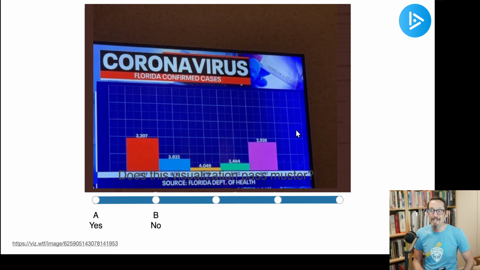Do you see the mismatch between numbers and bars? Yeah. So this is either absolute incompetence or an attempt to make something look much different than it actually is. Either way, not good.